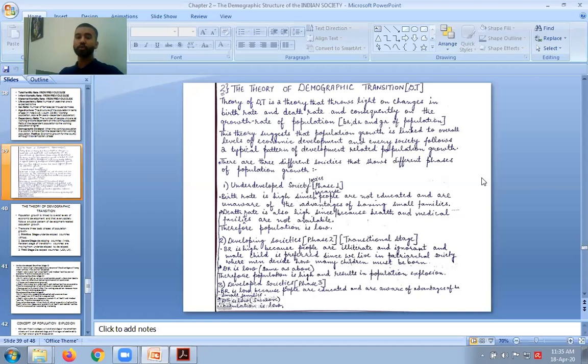Because during health problems, they're going to go to hospitals and seek good health and medical facilities, and this is always going to be good for the citizens, right? So in that way, the death rate can be controlled. This is what this line means: population growth is linked to overall levels of economic development.